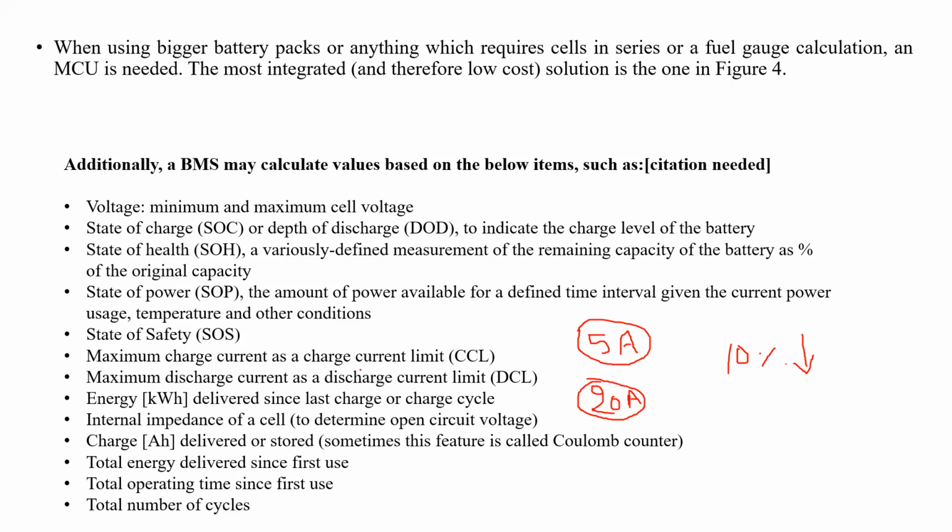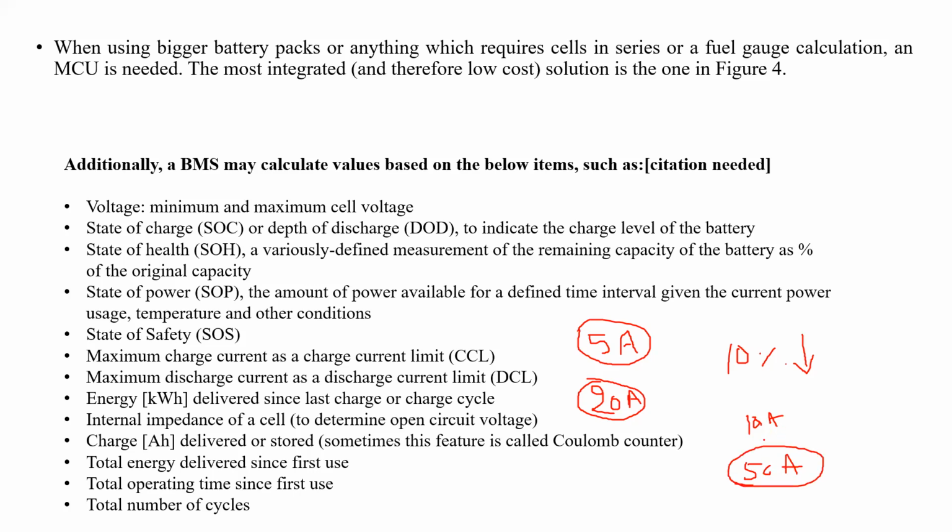Maximum charge current, as a charge current limit. This is CCR, constant current. Charge current limiting. At the same time, we have to charge the battery to a specified value. For example, if the manufacturer specifies that the battery should be charged a maximum of 10 amperes of current, and you charge the battery with 50 amperes, then what will happen?